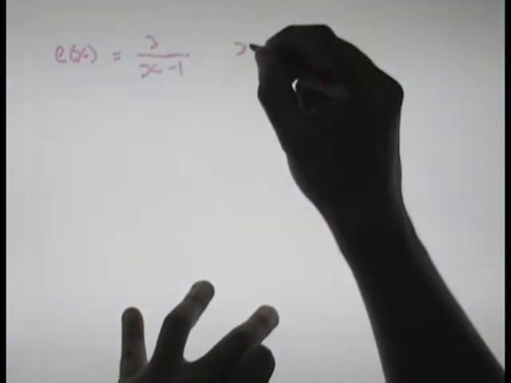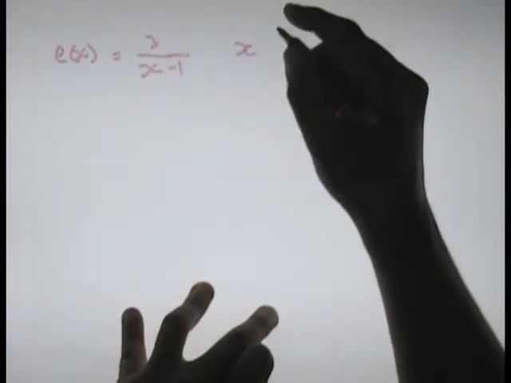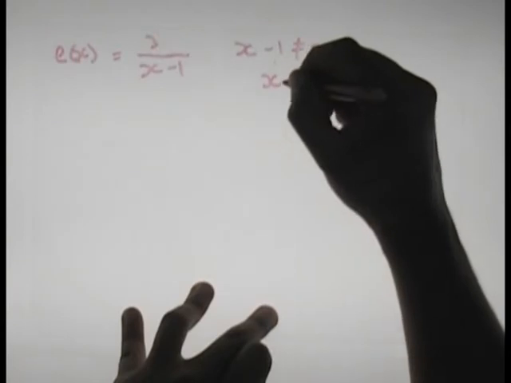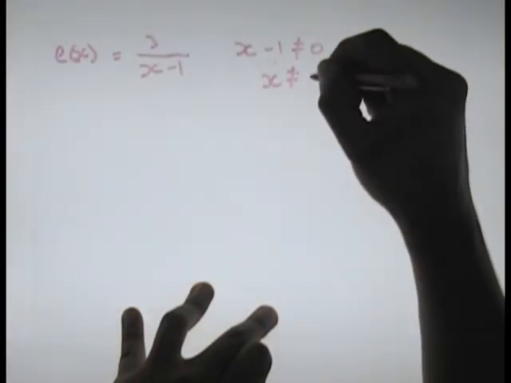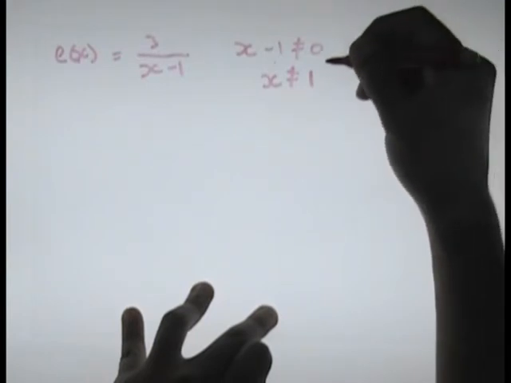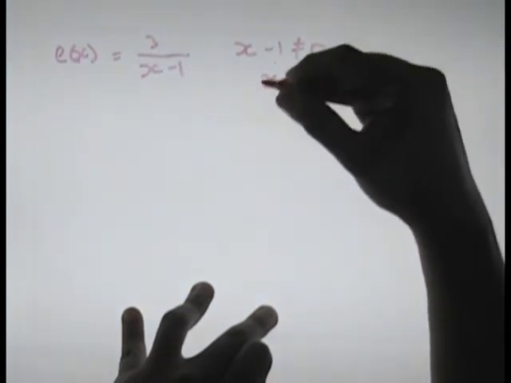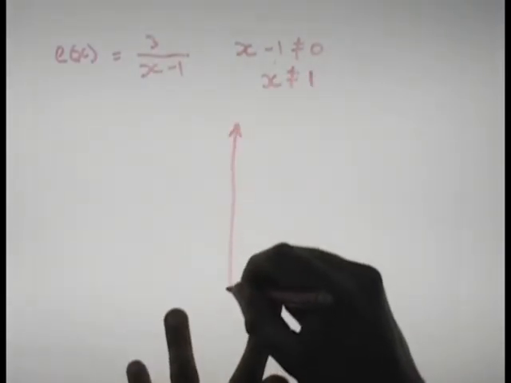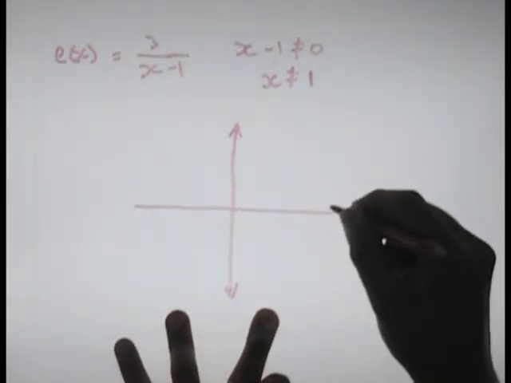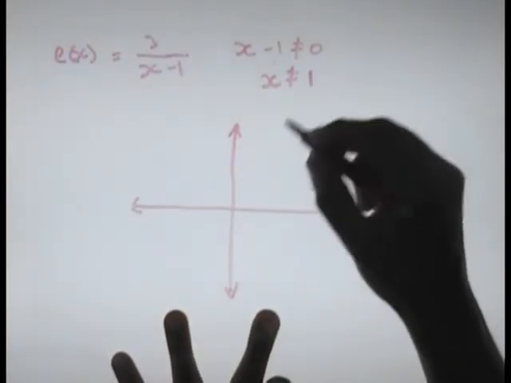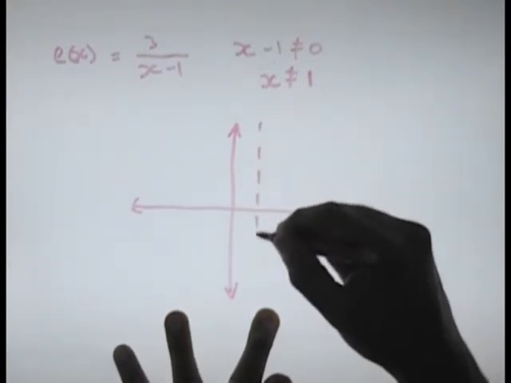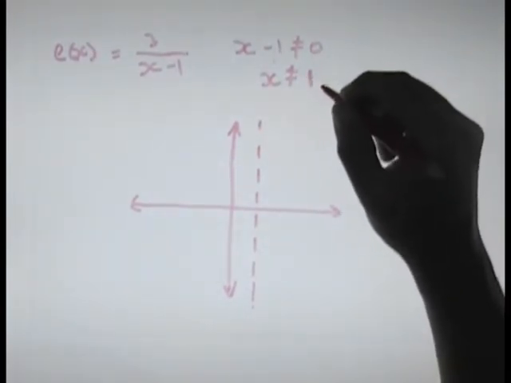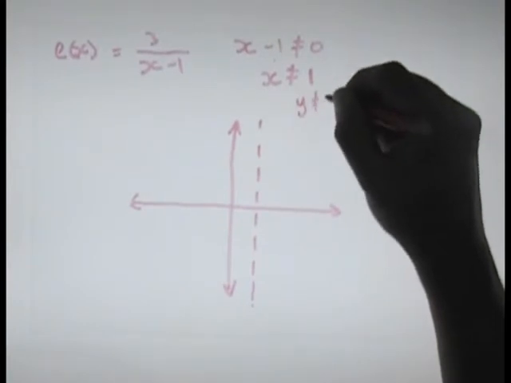However, my entire denominator, which reads x minus 1, cannot equal 0, which means that x cannot equal positive 1. This is my restriction, which means that this is my new asymptote. My new asymptote is x cannot equal positive 1. My other asymptote is that y cannot equal 0.